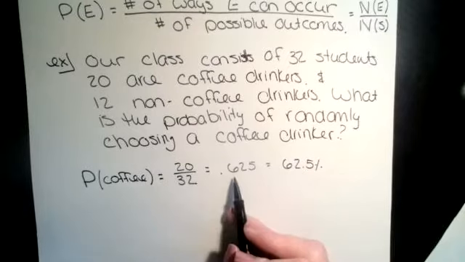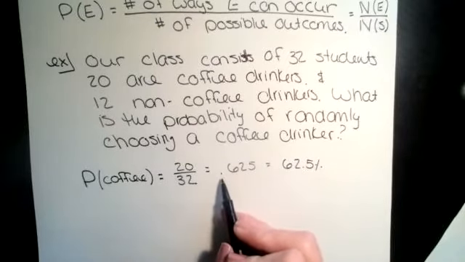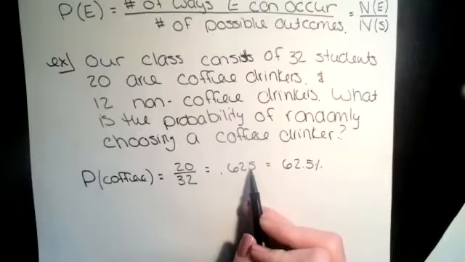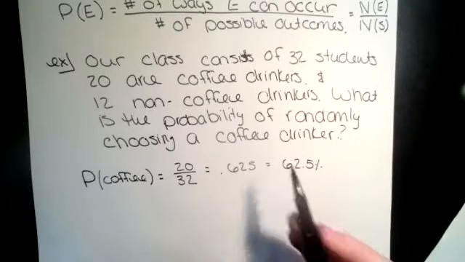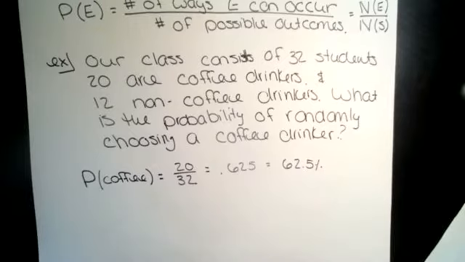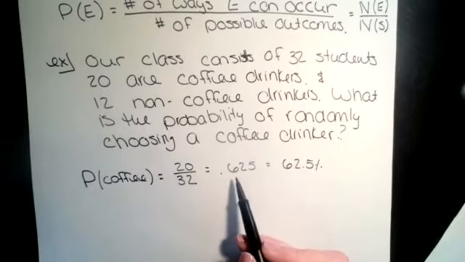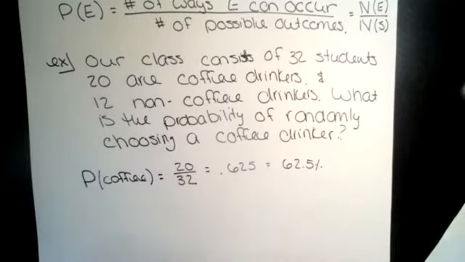Because in stats class, if I say we have a 0.625 probability of randomly choosing a coffee drinker, that makes fine sense, and it will make complete sense to us all through stats, because we're going to use it all the time. But someone that's not in stats is going to say, I don't know what that means, 0.625, right? They're not going to get it.